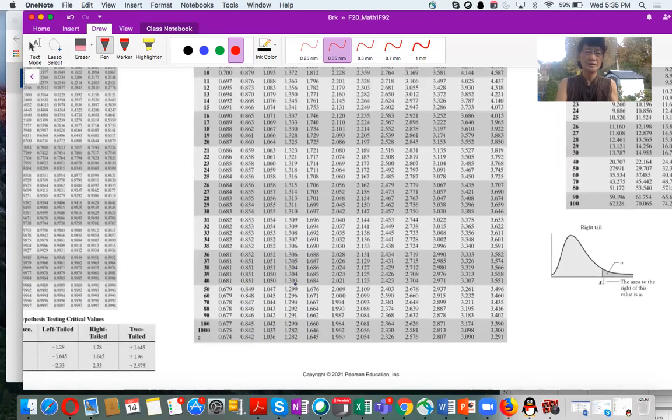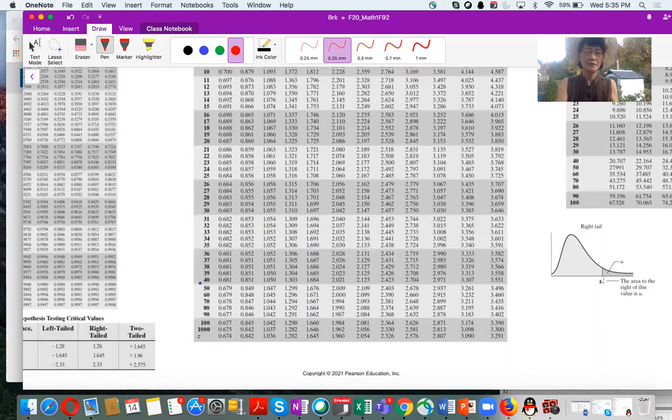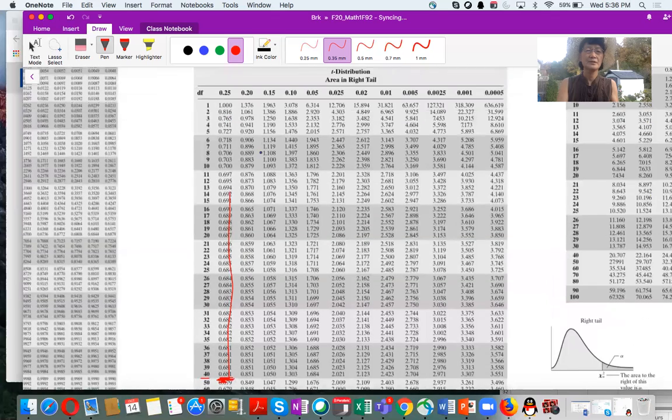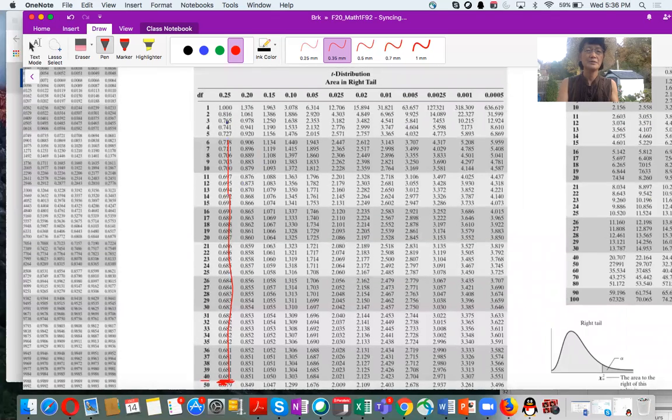So when degree of freedom is 40, 0.013 is smaller than this number, right? 0.681. So then I go up, and I can say the p-value would be greater than 0.25, not the exact p-value.